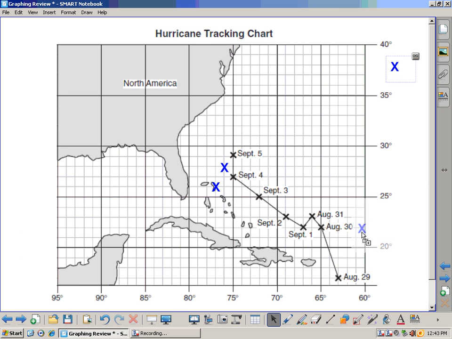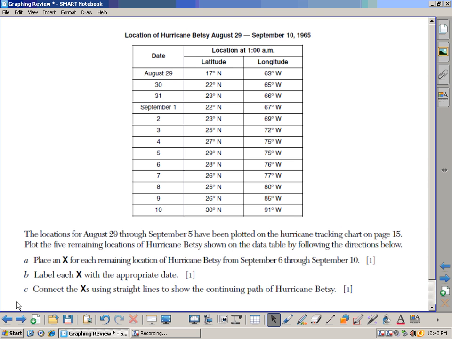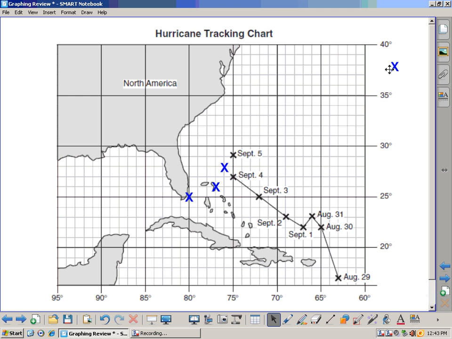So we're going to find the 25, go all the way out here till we hit 80, right on the coast of Florida there. Next on September 9th, 26 north, 85 west. So 26 north, all the way out to 85 west. So here we are in the Gulf of Mexico.